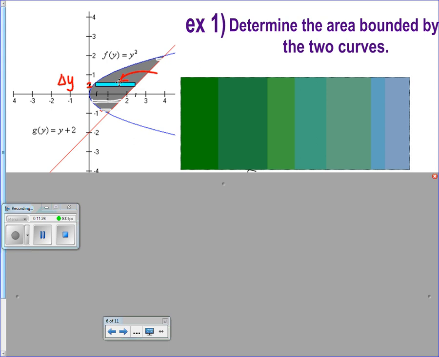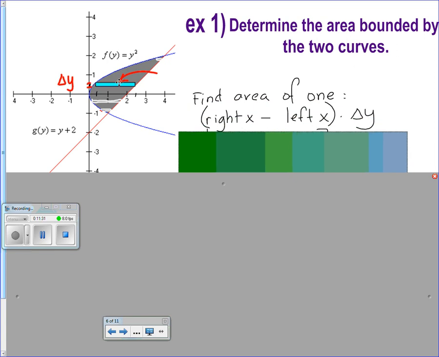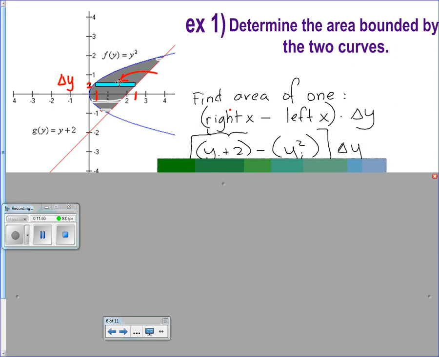You take the right x value minus the left x value to find the overall change in x times delta y. But we have to make sure that the right x value is a function of y. So the right x is going to be y plus 2, as you can see in the red graph up here, and the left one is just y squared.